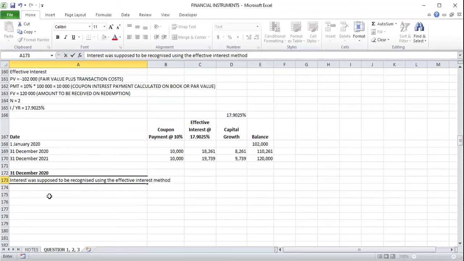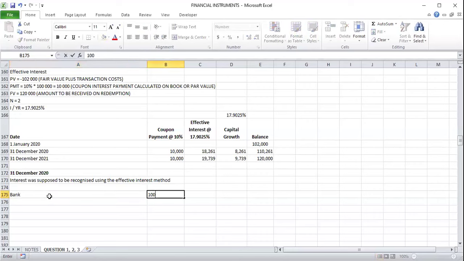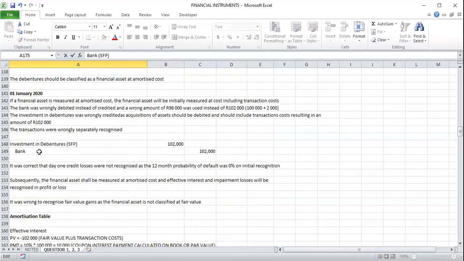So that means the correct journal entry on 31 December was supposed to be bank 10,000. This is SFP. I think when I did my previous journal, I didn't state here that it was SFP. We're now receiving money.